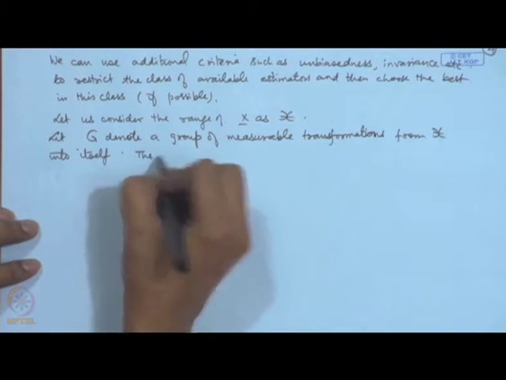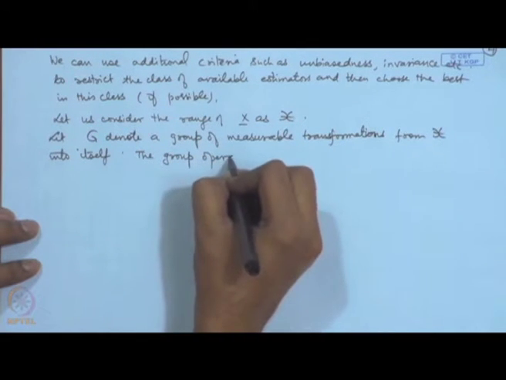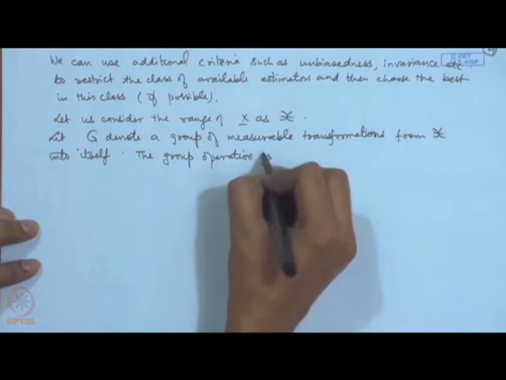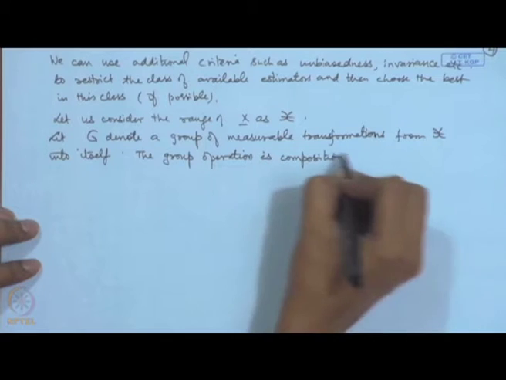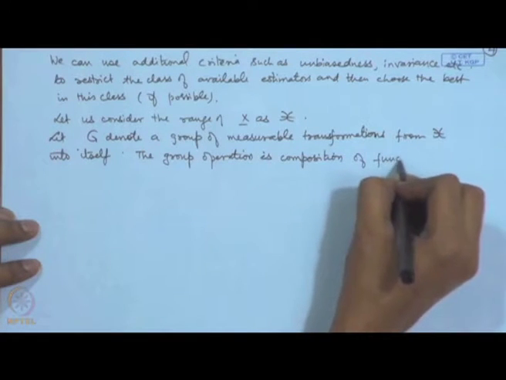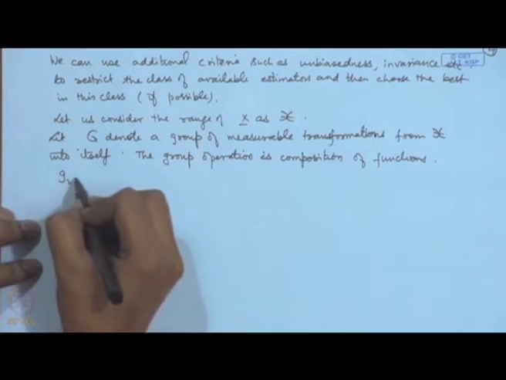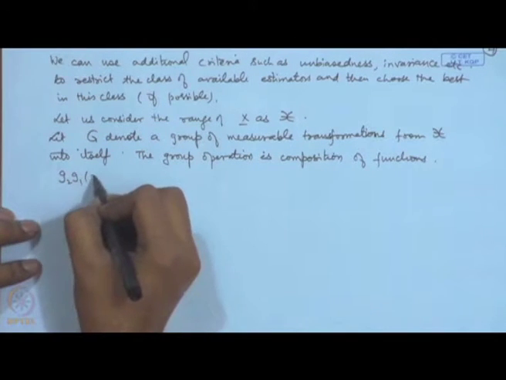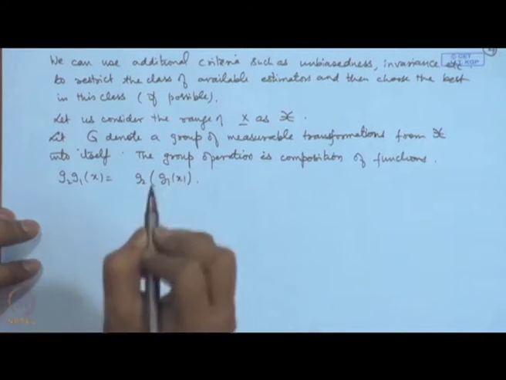The group operation is composition of functions. That is, we define g_2 g_1 of x as g_2 of g_1 of x.